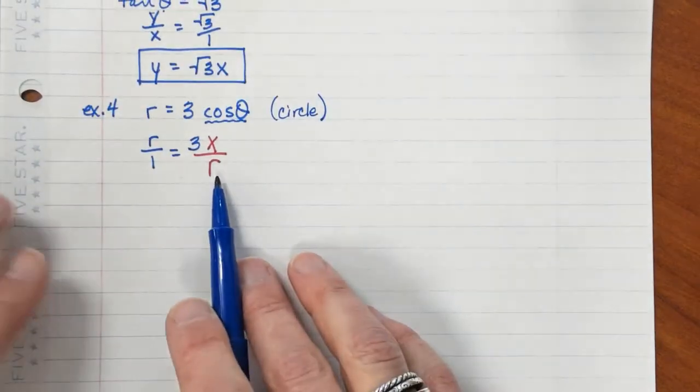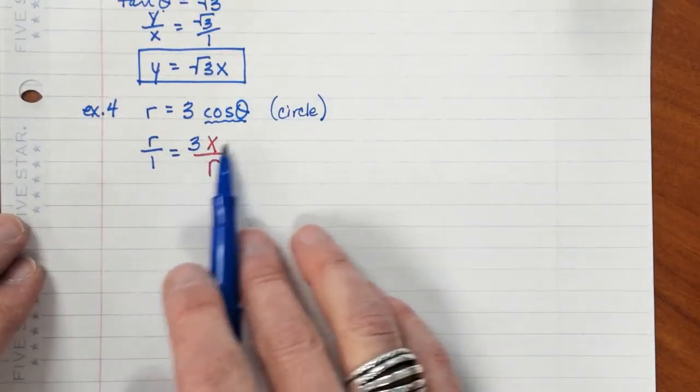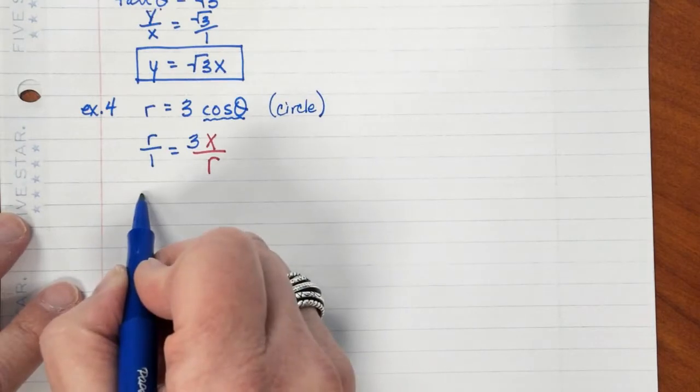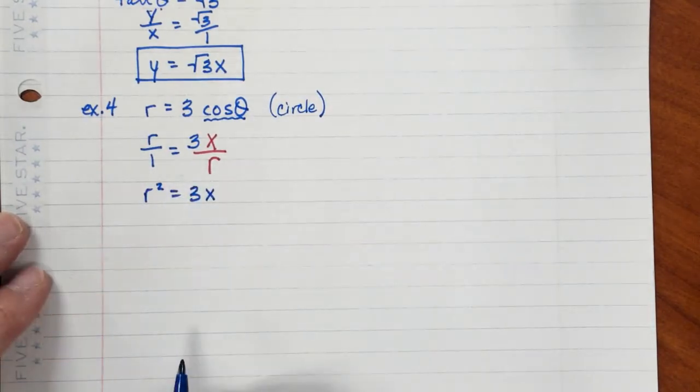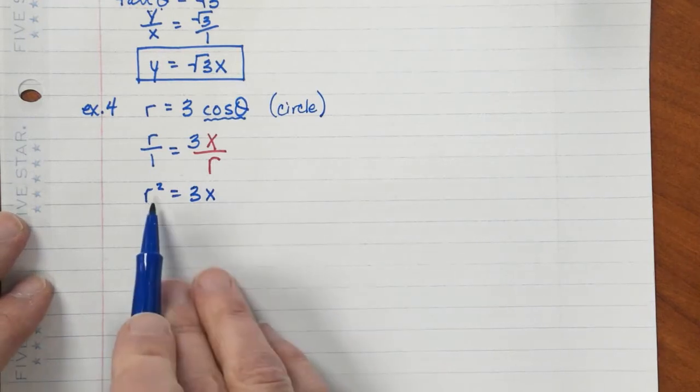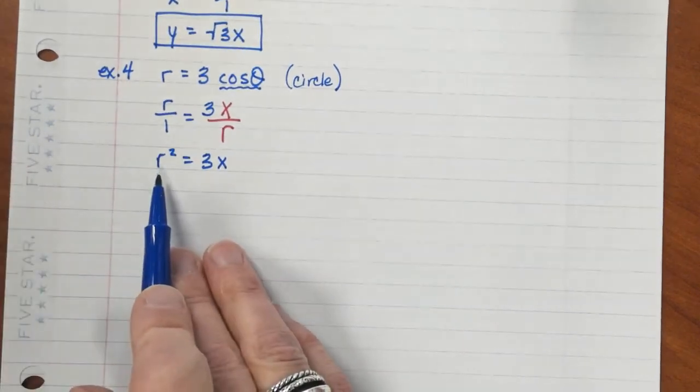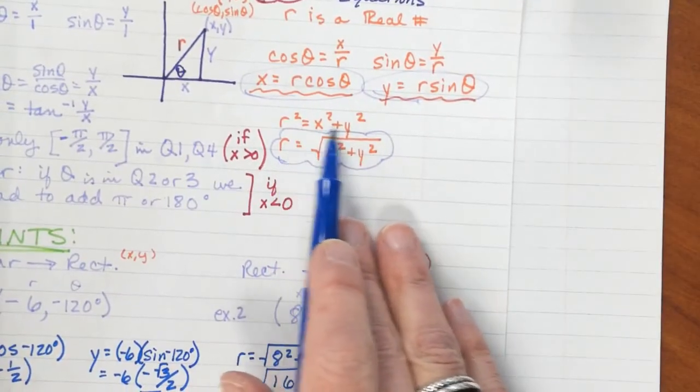Right here. Now cross multiply and see what you have. You have r squared is 3x. And you have a substitution now for r squared. That also goes back to the first video. Right here. R squared is x squared plus y squared.